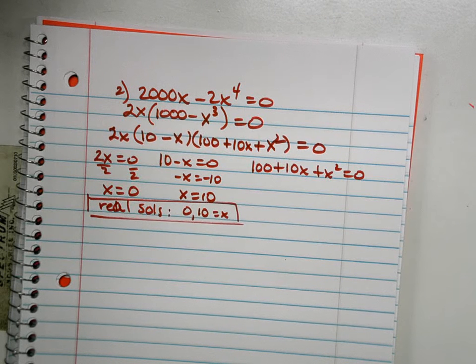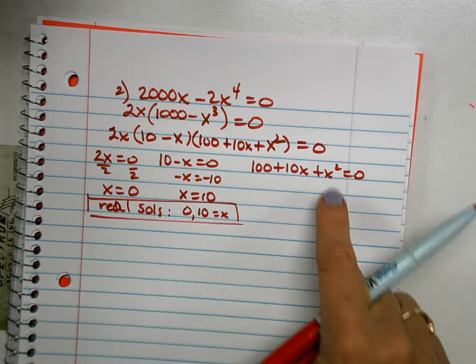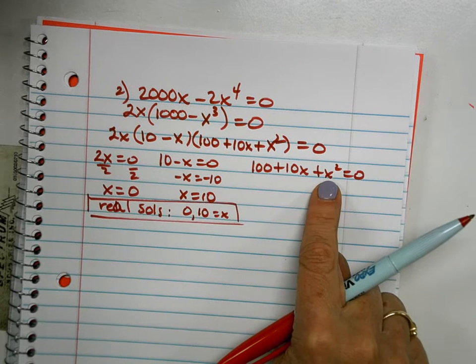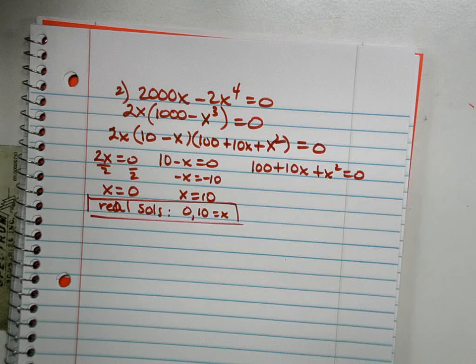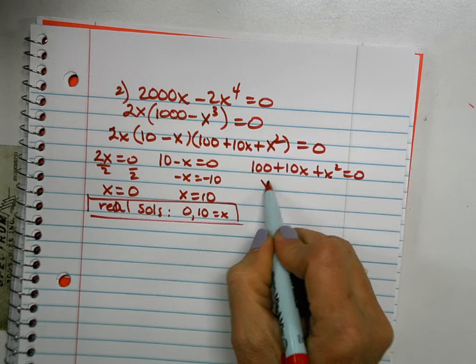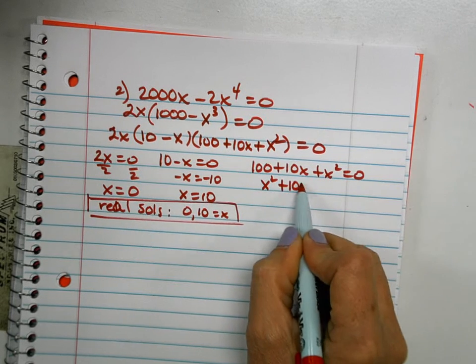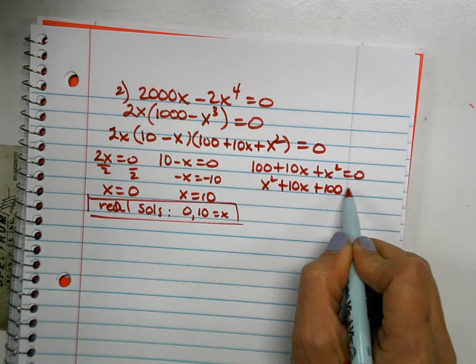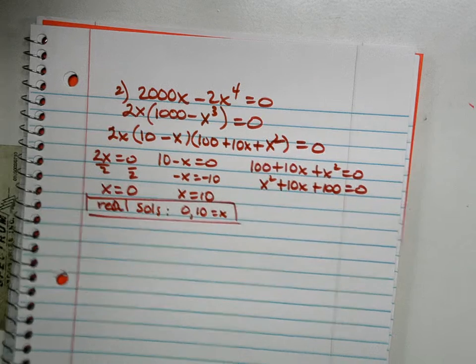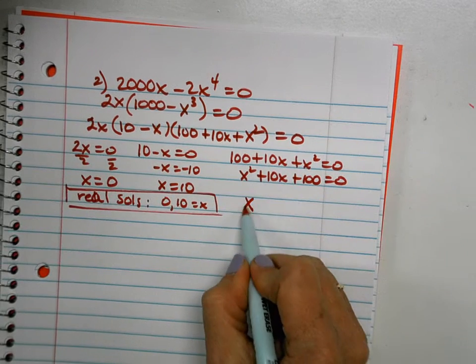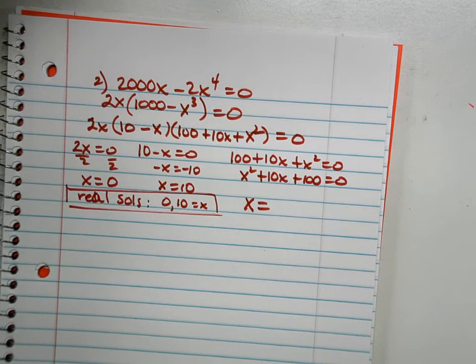Okay, now we're going to find the imaginary. And if this was negative, I'd move it over to the other side, but it's not negative, so I can just reorder it, right? I want to keep it on this side. I want to keep everything positive. So if I just rewrite this, putting it in descending order, because then it's easier to see what a, b, and c are, right? Okay? Quadratic goes x equals negative b, right?